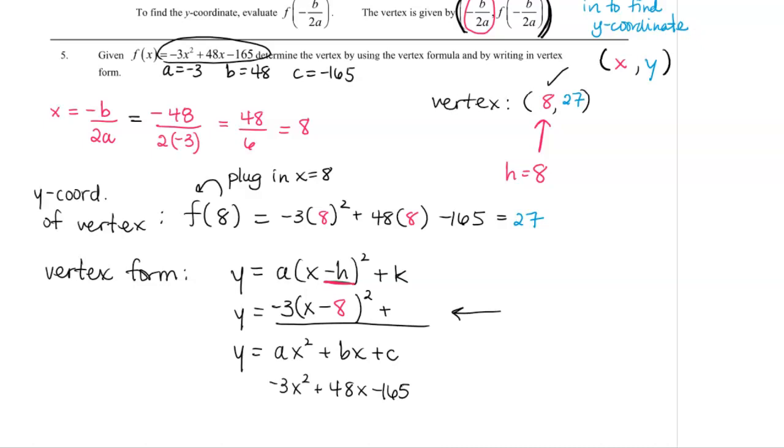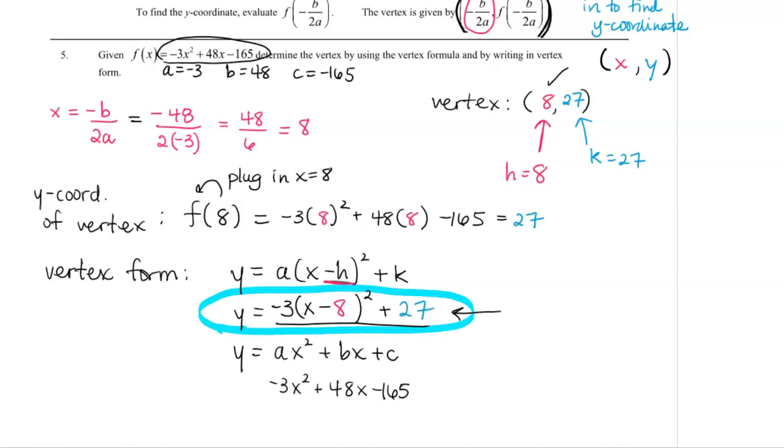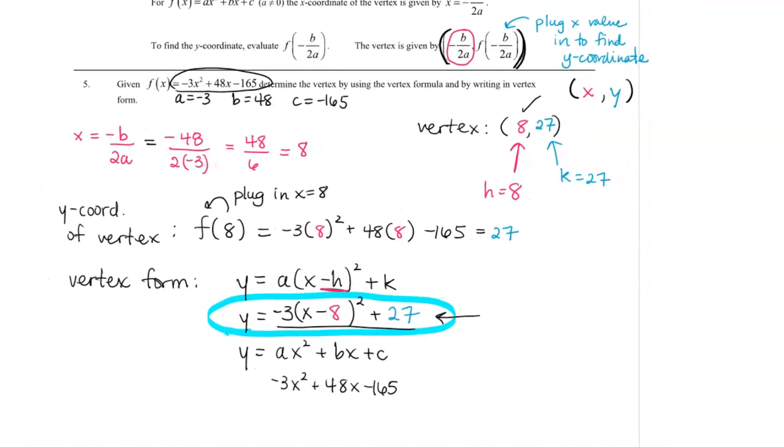And then the last thing we need is plus k, and we know that k is 27. That is the y coordinate of the vertex. So now we have built the vertex form for this quadratic using the vertex formula. So we can find the vertex and then work backwards to build the vertex form.